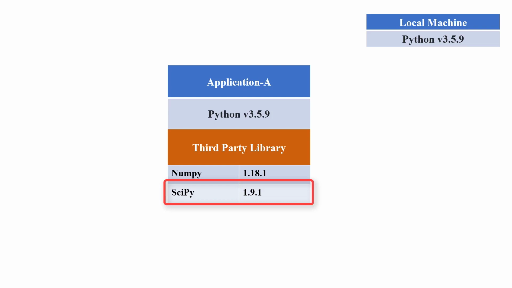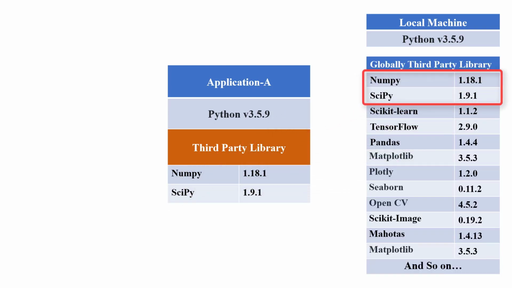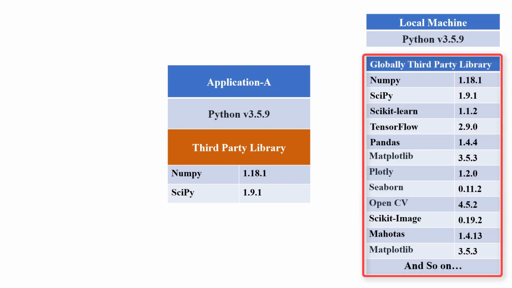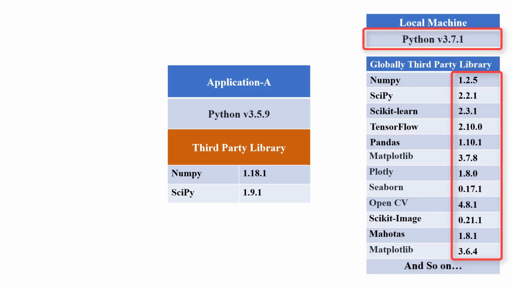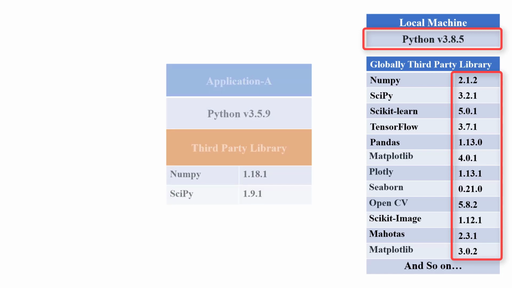You can import numpy and scipy from the globally installed third-party libraries. But the problem is that over time, Python, numpy and scipy versions can change. So, application A's source code can be interrupted if you update Python, numpy and scipy.